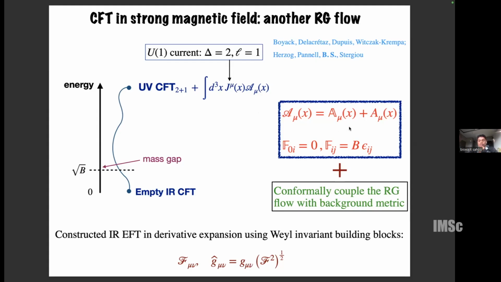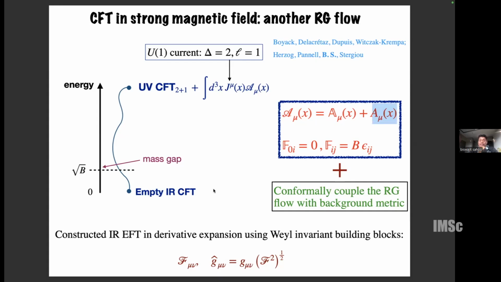One is the fluctuation about this constant magnetic field background, and another is that we place this theory in a curved background, or conformally couple it to a curved background. The mu can be thought of as the source for the current operator, and the metric as the source for the stress tensor operator along the RG flow. That's the only purpose of introducing these background fields.